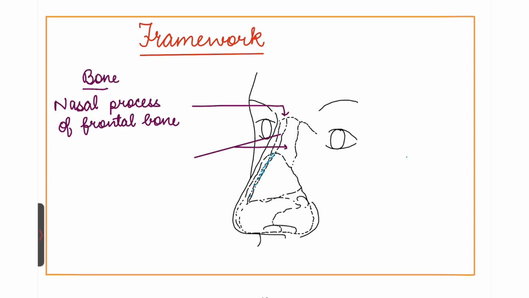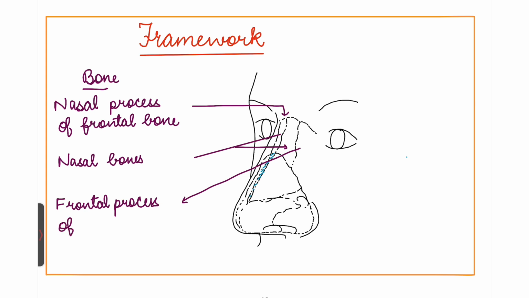These two are the nasal bones. This is the maxilla and this is the frontal process of maxilla. One on each side.